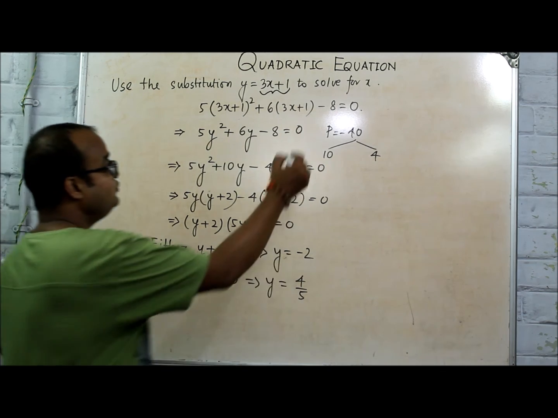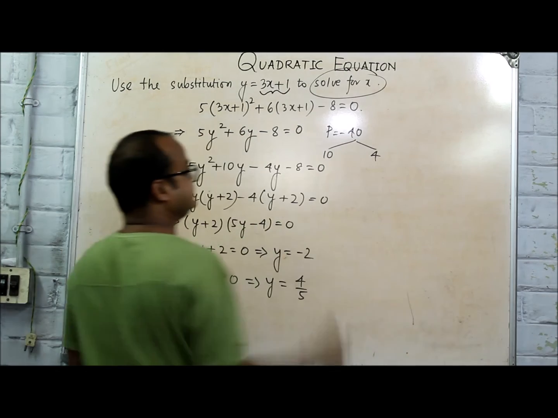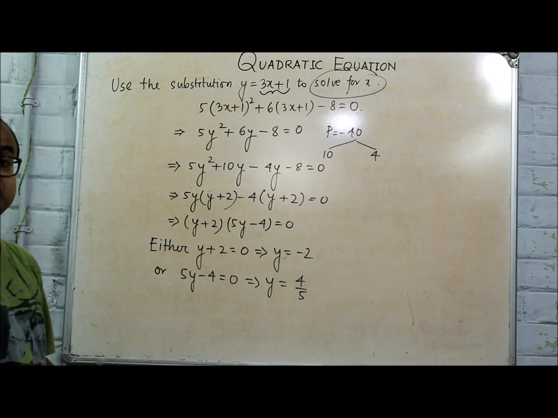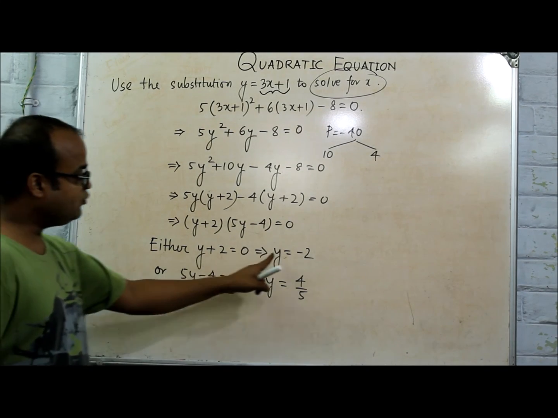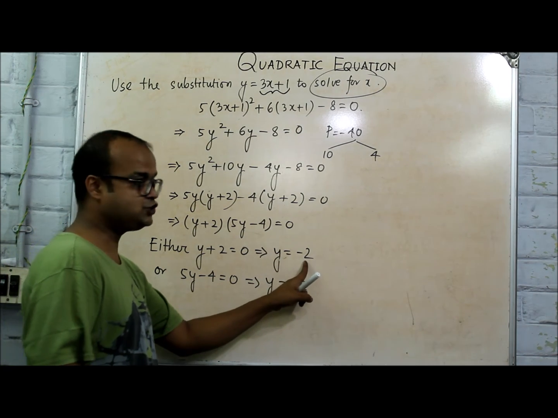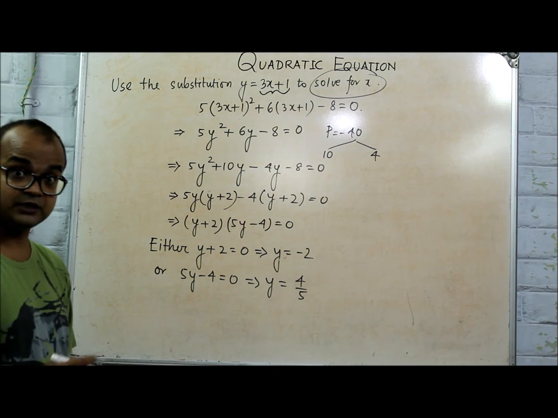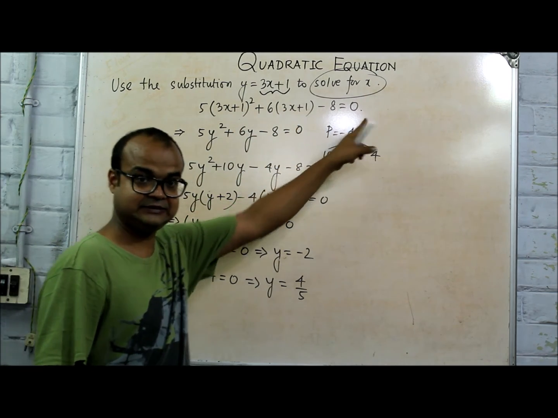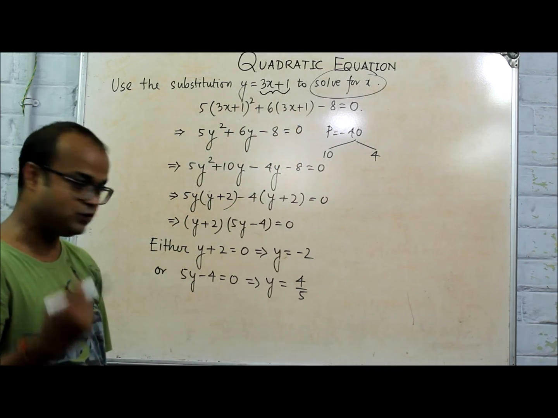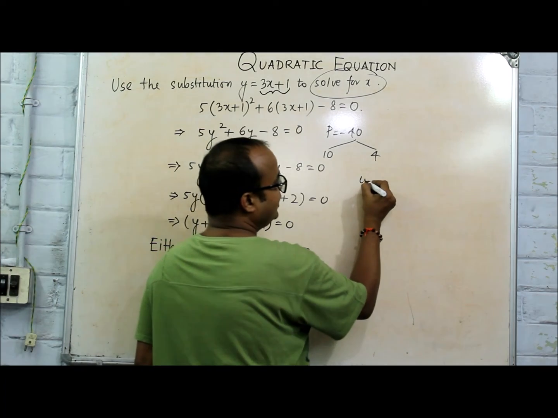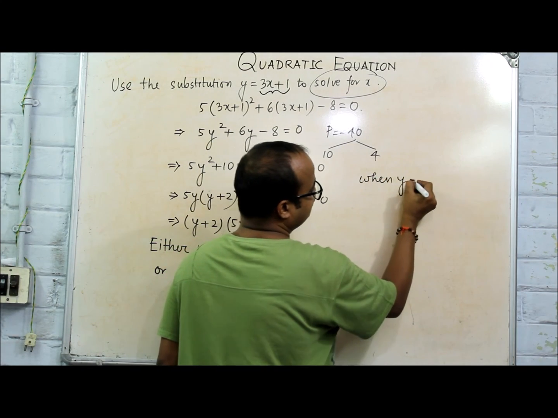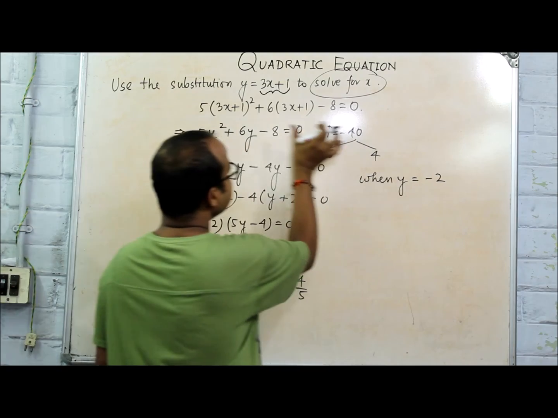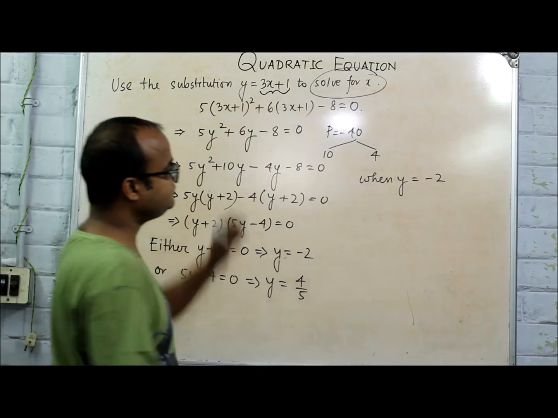Now we need to solve for x. In the question it is mentioned to solve for x. That means we need to find out the value of x. So when y is equal to minus 2, y is equal to 3x plus 1.